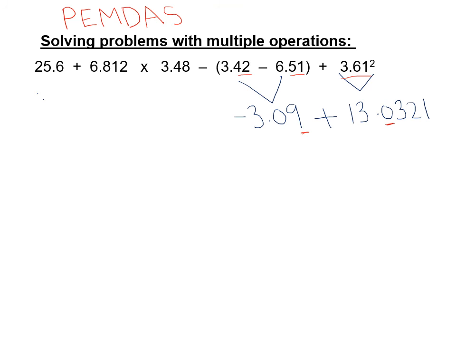Then the next operation is multiplication or division. So I'm going to multiply these two numbers by each other. So I have 6.812 times 3.48. When I multiply these two by each other, the calculator gives me 23.7058.